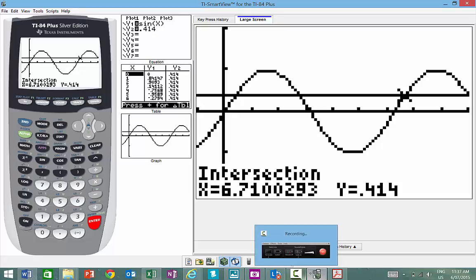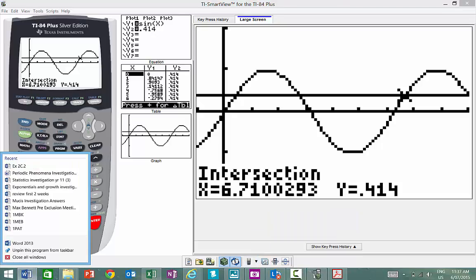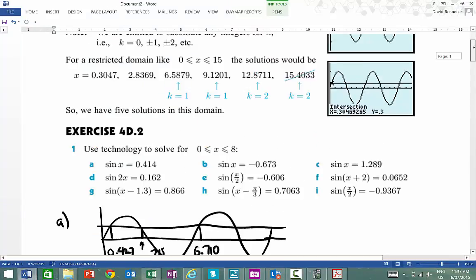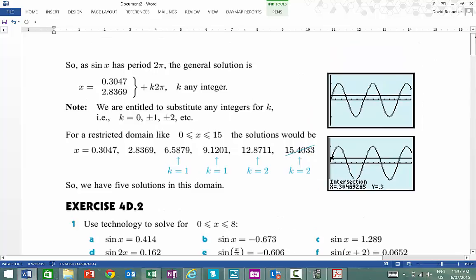Now, if you look at what the textbook's saying, let's go back to my Word document. If you look at the example here, what they're saying is it's that plus lots of 2 pi.